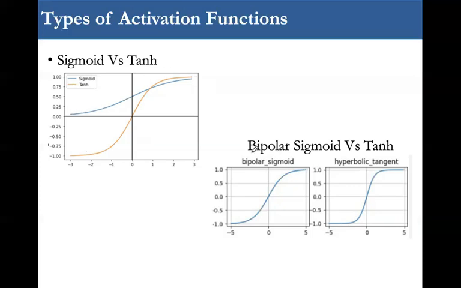We now will see about the difference between bipolar sigmoid as well as tan h function. In bipolar sigmoid, you can see it's like an S-shaped. Even though it's an S-shaped, it's not a proper S-shaped, whereas in hyperbolic tangent, you can see the difference between the bipolar sigmoid and hyperbolic tangent by looking into the diagram itself.